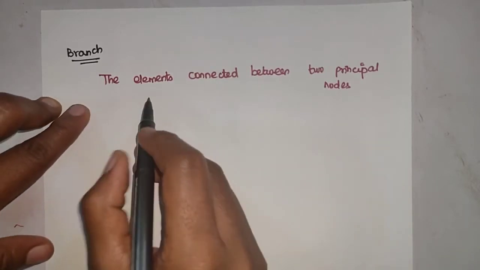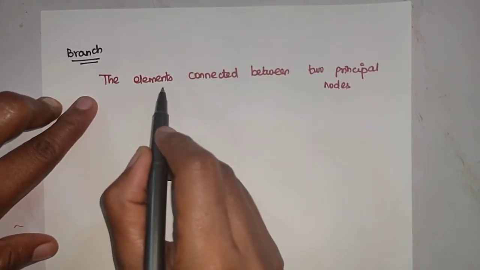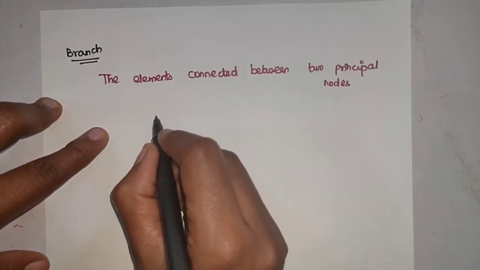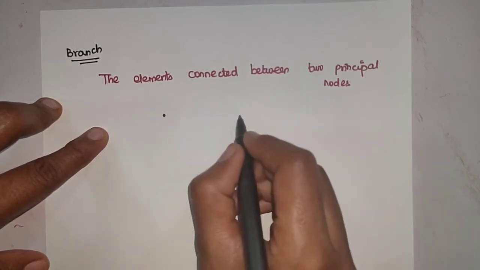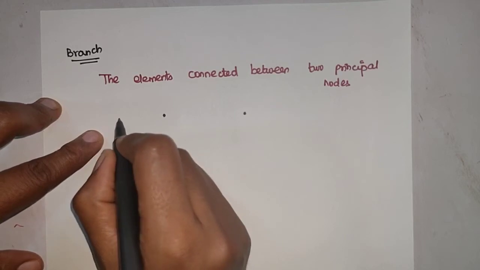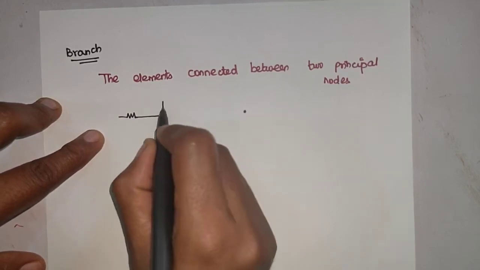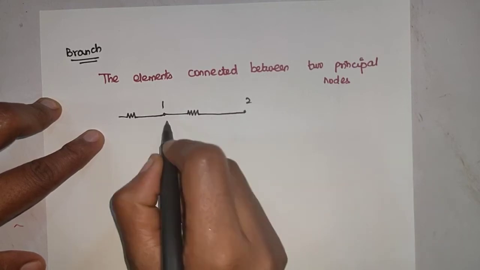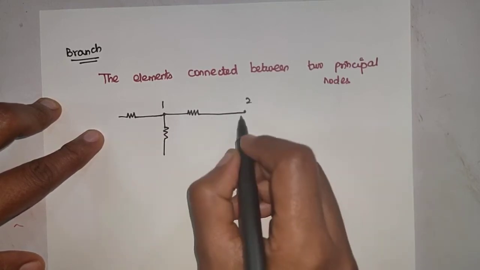Then see the definition for branch. What is branch? Branch is the elements connected between two principal nodes. For example, there are two principal nodes. One resistor is connected between the first principal node and the second principal node.